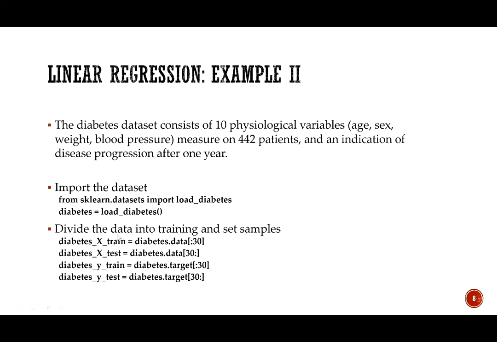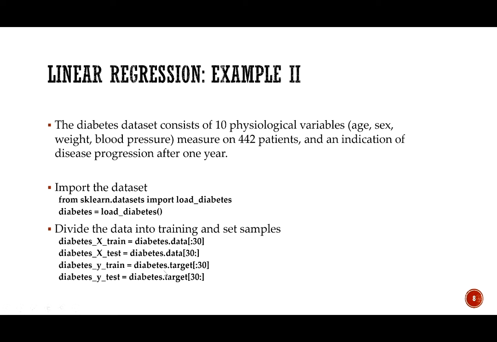Afterwards, we want to divide the data into training and test samples. To do that, we define several variables, as you can see here: 2 variables for X, 2 variables for Y. So diabetes X train. In this example, let's say we want to use the first 30 observations for training the algorithm, and we use the rest for testing the algorithm.